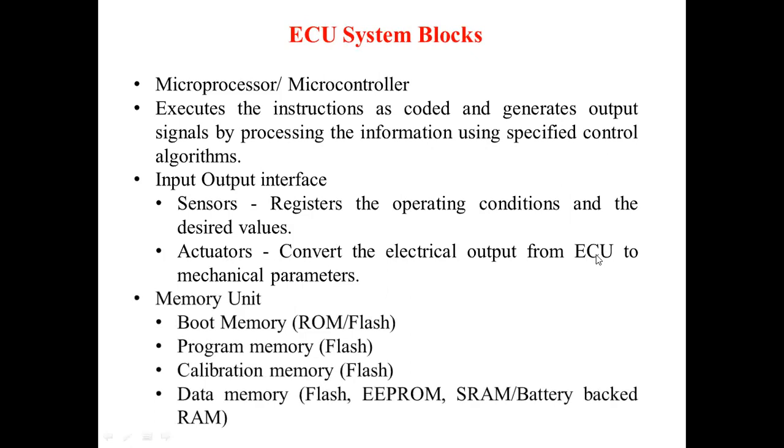Now in memory, as we saw earlier, there is boot memory, program memory, calibration memory, data memory. This calibration memory is mainly required for calibration purposes. Whatever real-time data you are receiving from the sensor, you need to compare it, just like a comparator, with the programmed information.